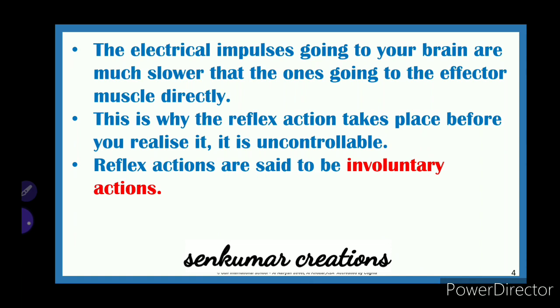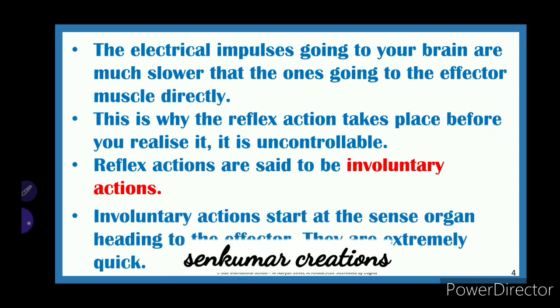So it starts from the sense organ and the response will be given out in the effector. Okay, so they are an extremely quick process. You can see that last point: involuntary actions start at the sense organ heading to the effector, and they are extremely quick. Okay, students, I hope you understand well.